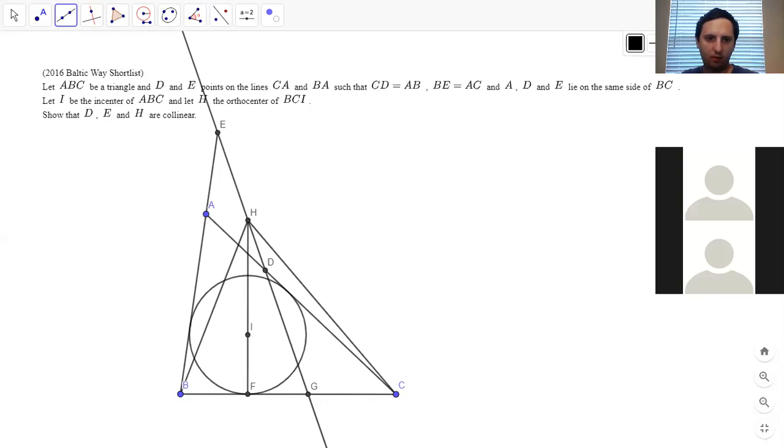Sorry. So yeah, what do we use about H? So if I reflect I over BC, then I would have a cyclic quadrilateral with H. So maybe I could use that somehow. I wonder if this is like Menelaus or something.